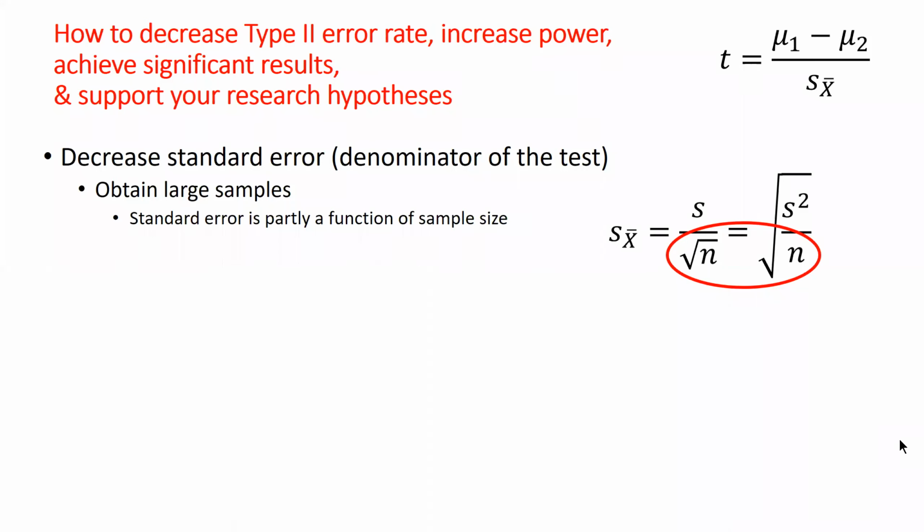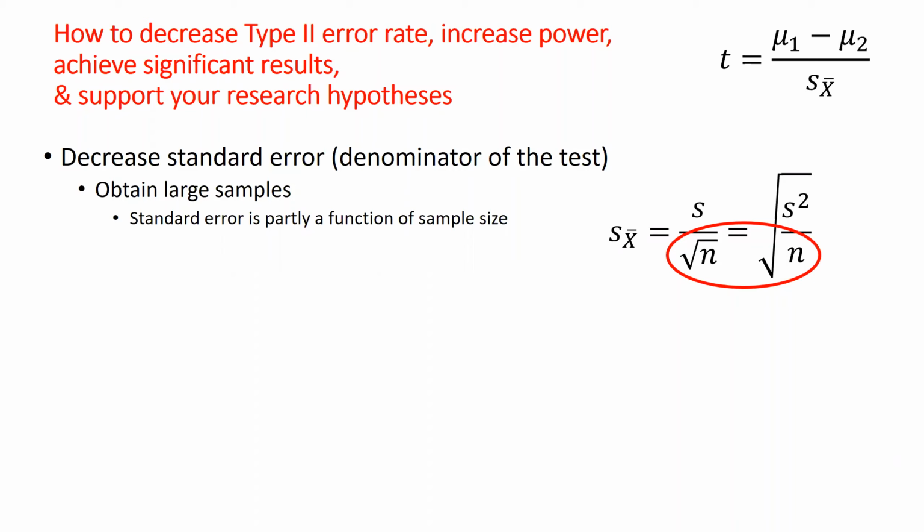So I've added in the t formula. This is the t formula for independent sample means, which is the one that fits with our treatment and control condition. And in the upper right-hand corner, you see that the t formula is the difference between two means divided by the standard error of the mean.